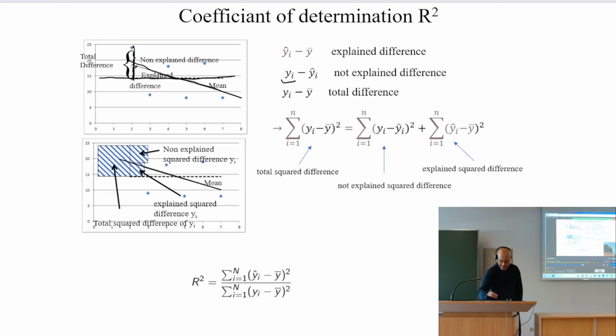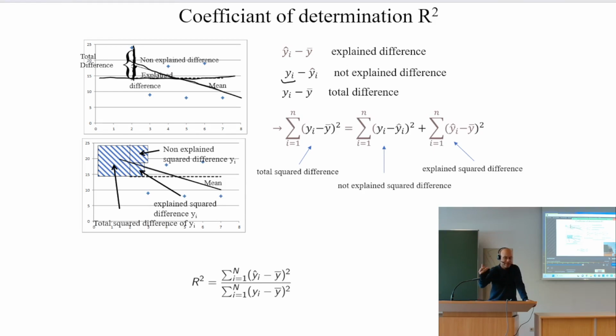And then we say, okay, this part now, this we explain the difference with respect to the average. This we explain via our linear regression because now we have this sloped line. But then we have still a distance left, and this we call the not explained distance.